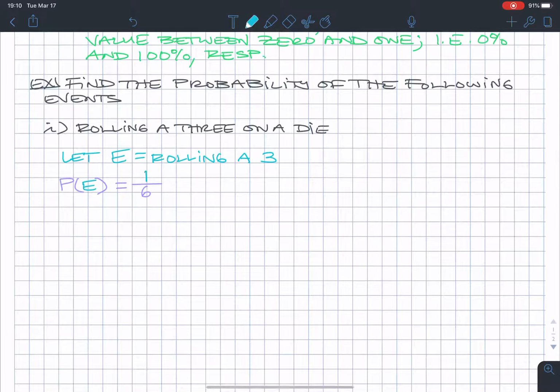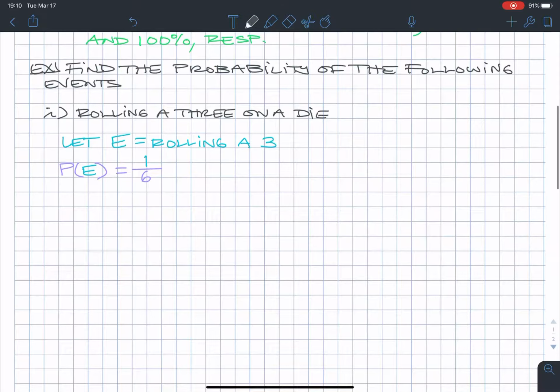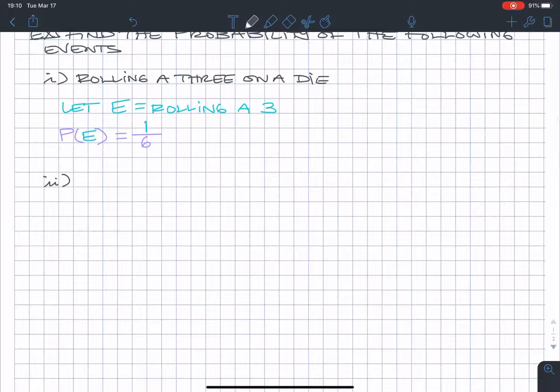Okay, so let's do another one. So number 2. What's the probability of rolling an even number on a die?